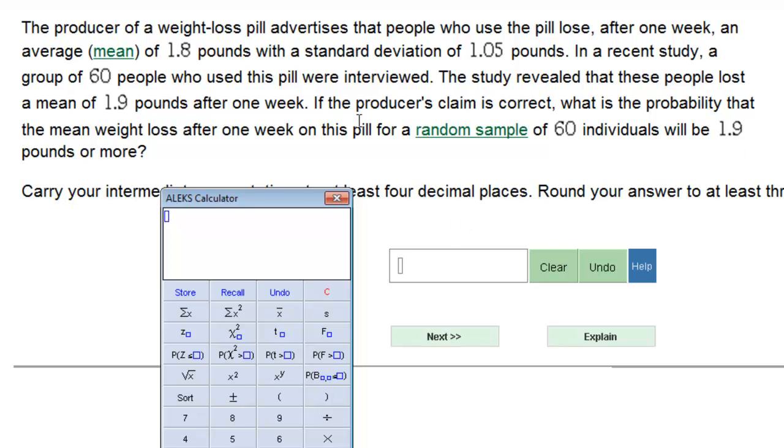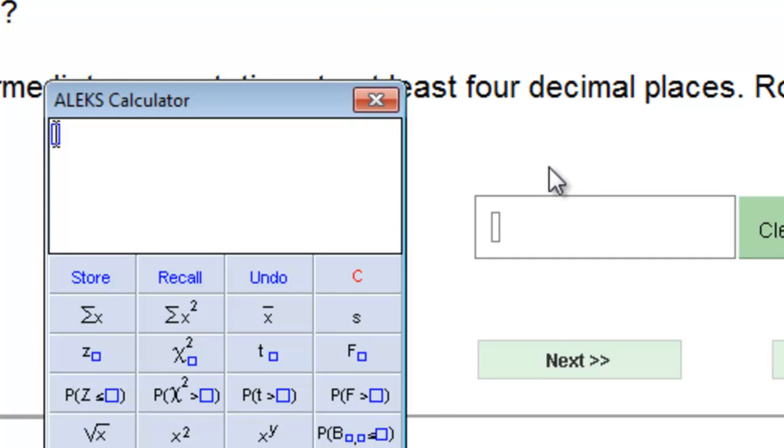So again, we find our x bar is 1.9. But since they're saying 1.9 pounds or more, I'm going to go 1 minus P of z. Okay? P of z less than whatever. And now in here, I'm going to do all this in one step. My x bar is 1.9. My mu is 1.8.